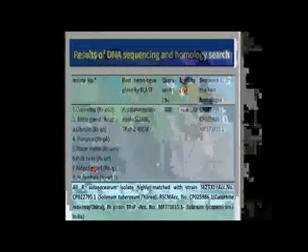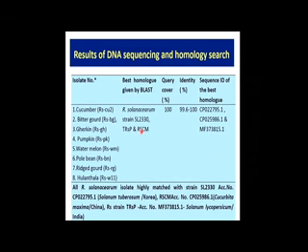When we come to the results of DNA sequencing, 7 crop isolates and 1 weed isolate were sent for sequencing, and according to the homology results, they highly match 3 strains: one from Solanum tuberosum in Korea, Cucurbita maxima in China, and Solanum lycopersicum in India.